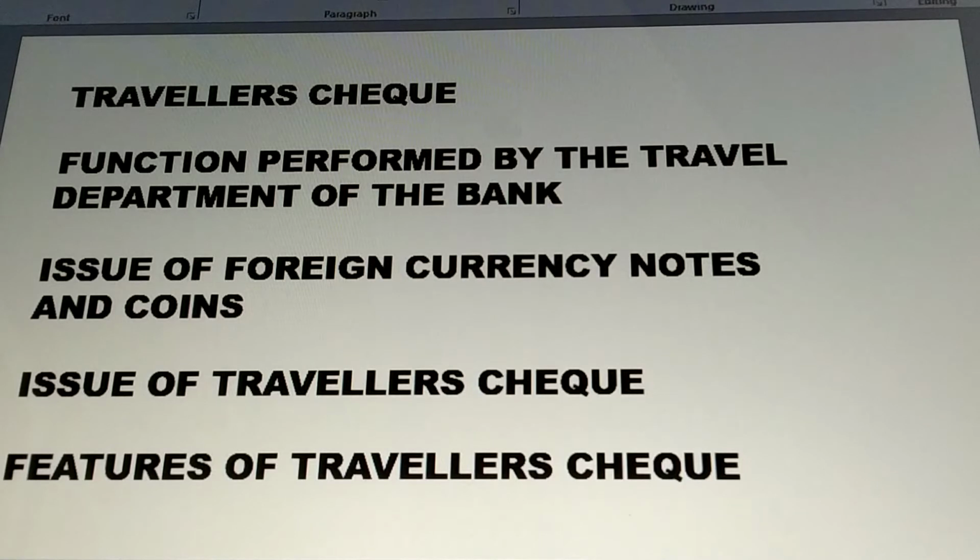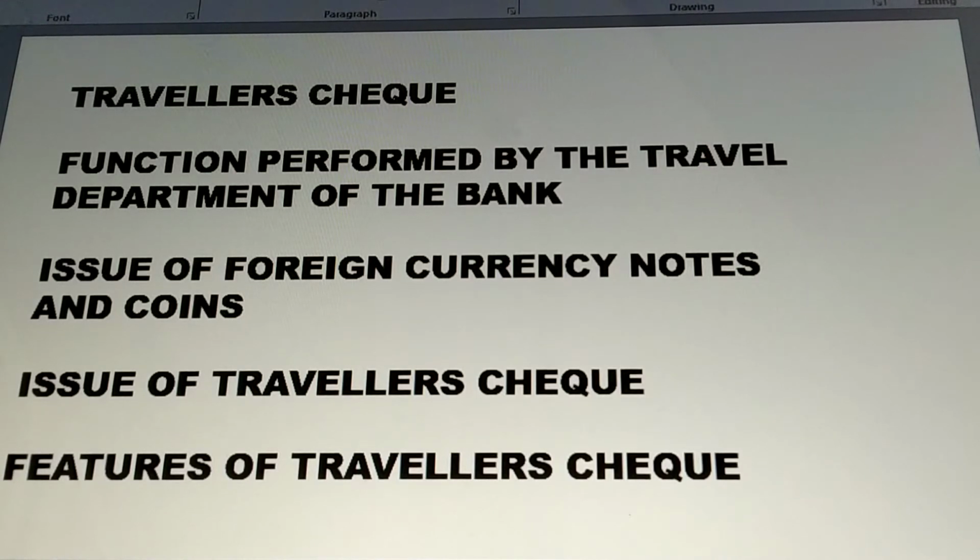Whether it is issued in notes or coins doesn't matter. For example, whatever amount of foreign currency he wants, the same equal amount the person has to deposit in that bank in Indian rupees, so that he can get the foreign currency in notes as well as in coins.